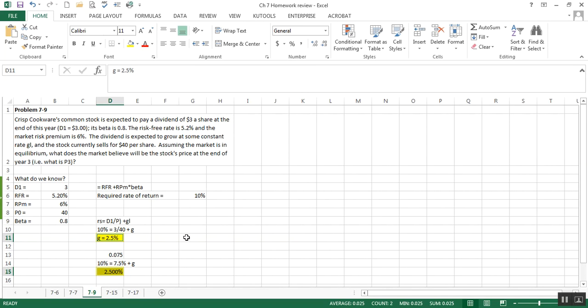There's a couple of different ways that we can do this. The first one is using our Excel formulas. We're solving for the future value in year 3. We know that the rate is the 2.5% we just calculated. The number of periods is 3 years from now. The payment is 0, and our present value of the stock is $40.